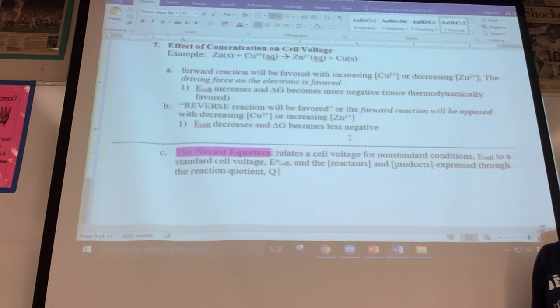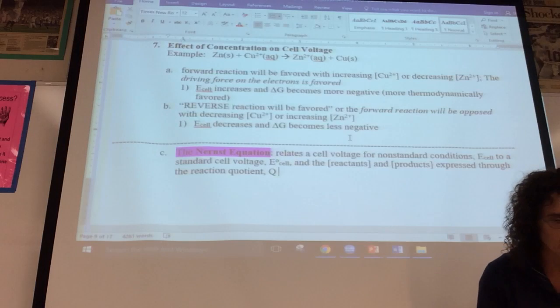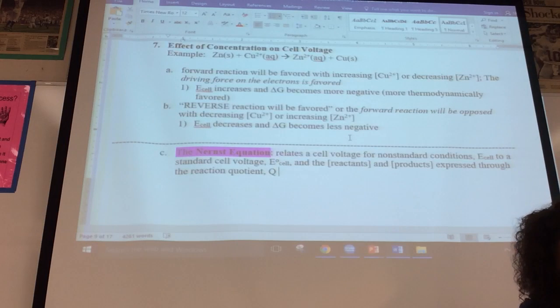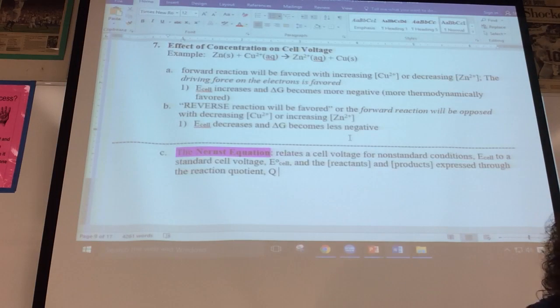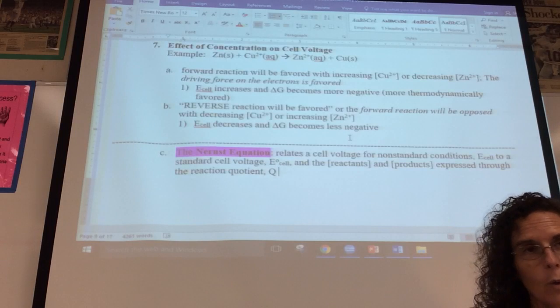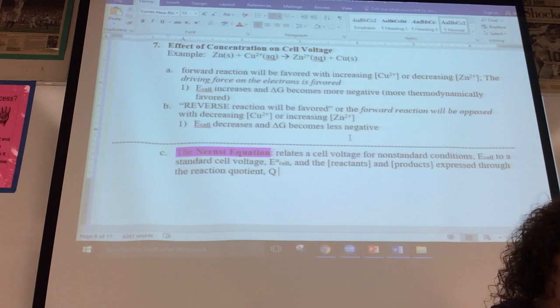That's going to be related through reaction quotient Q. And again, when you deal with reaction quotients, you typically have an equilibrium, or, well, I guess you don't. For KEQ, you're at equilibrium. For Q, you've altered equilibrium in some regard.